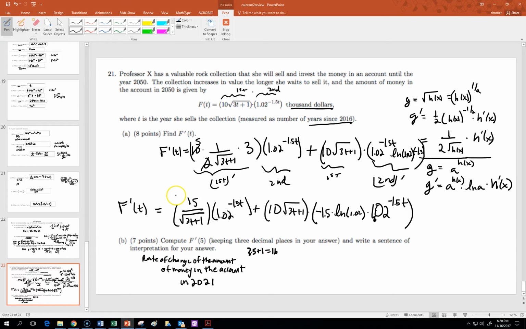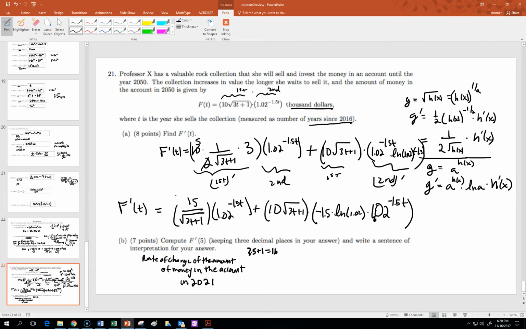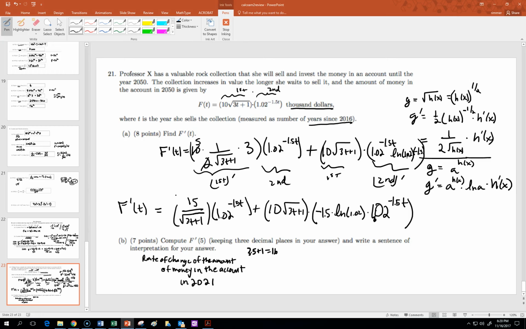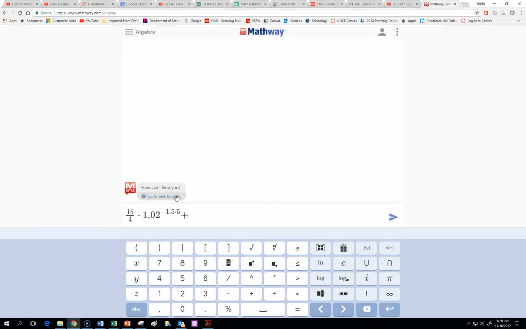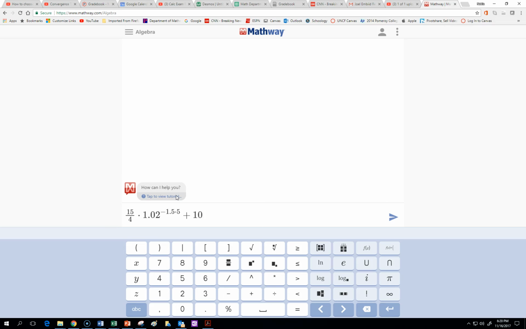And we multiply that by 1.02 raised to the negative 1.5 times 5. Then there's a plus sign. And then there's a 10. That same square root is a 4.